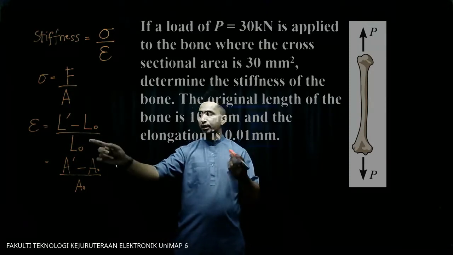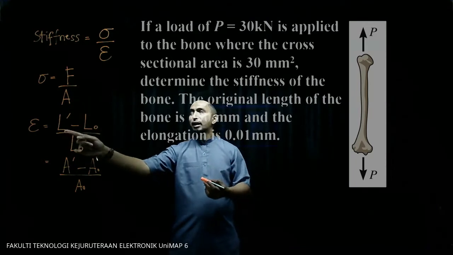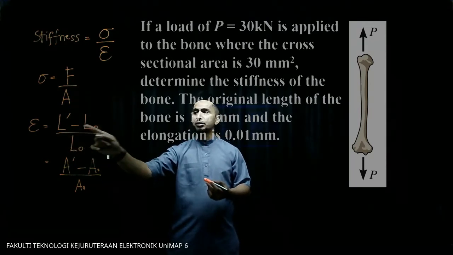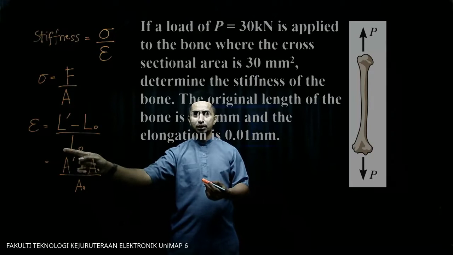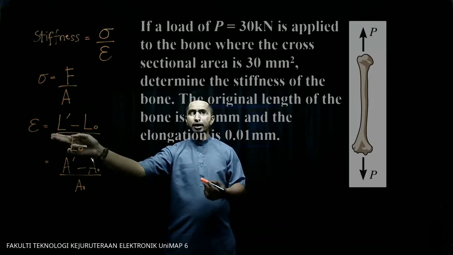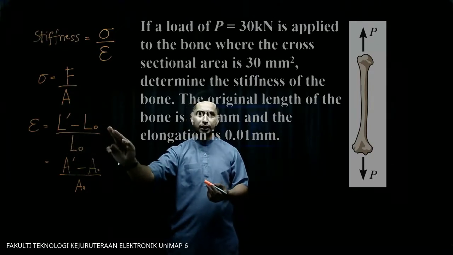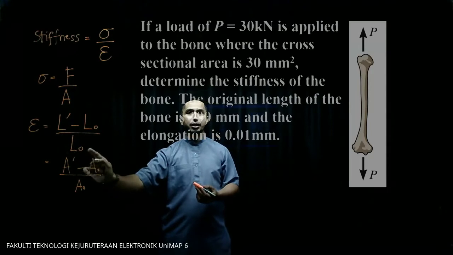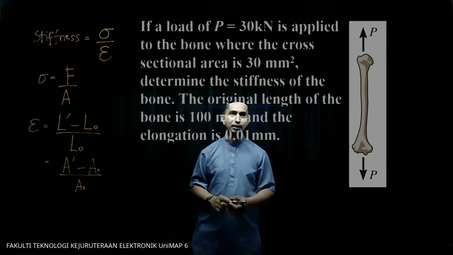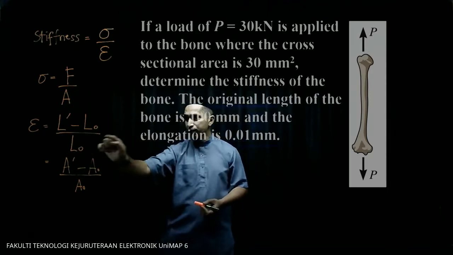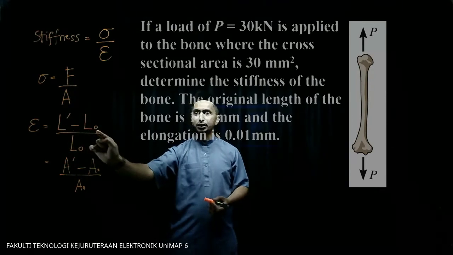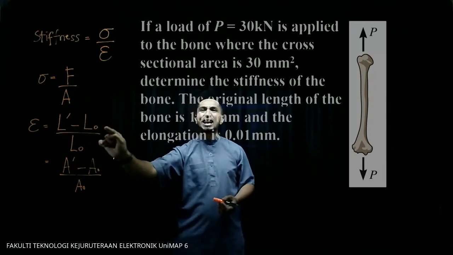I also can write it down as final diameter minus original diameter divide by original diameter, or radius, final radius minus original radius, divide by original radius. That is also strain. So the upper equation, this one, final minus original, this is changes in length.